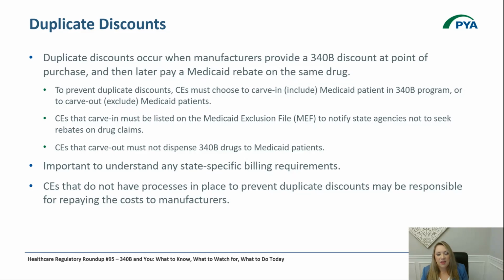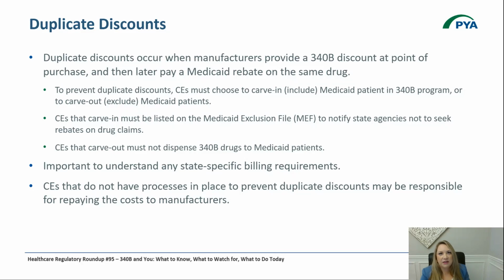So it's important that the Medicaid exclusion file, if you are carving in, be current, because that is the notification channel for your state Medicaid agencies to tell them, hey, we as the hospital are going to be getting a discount on these drugs already, so you guys don't need to also go ask for rebates on those same drug claims.